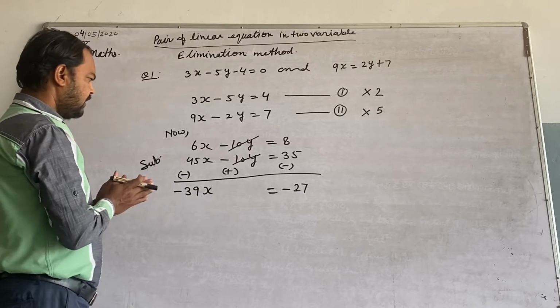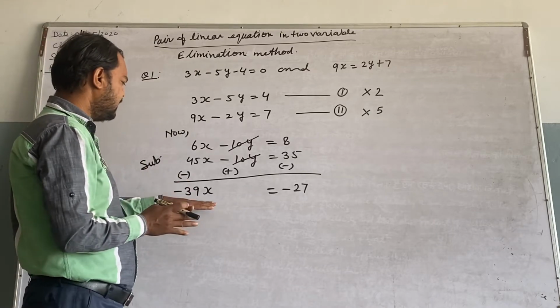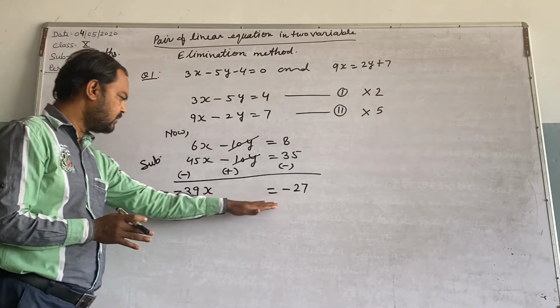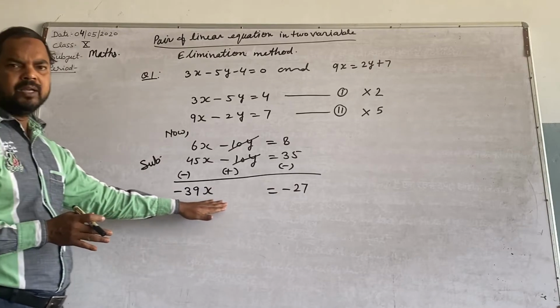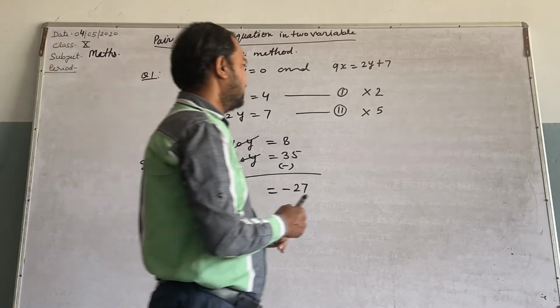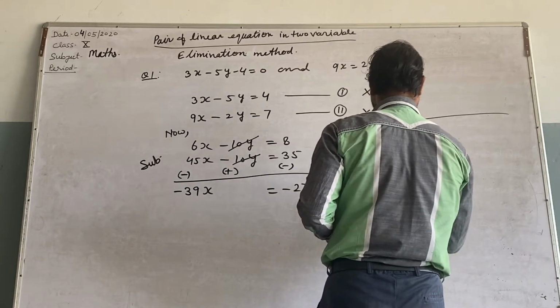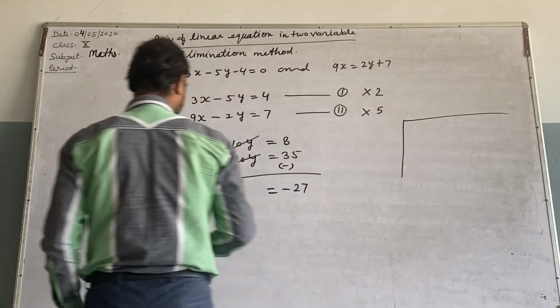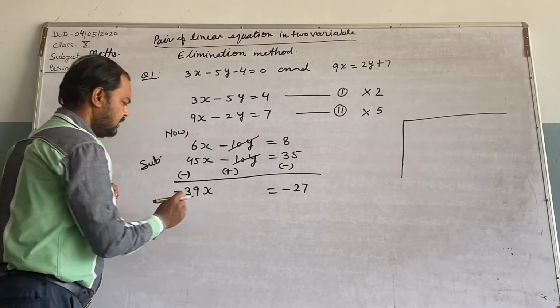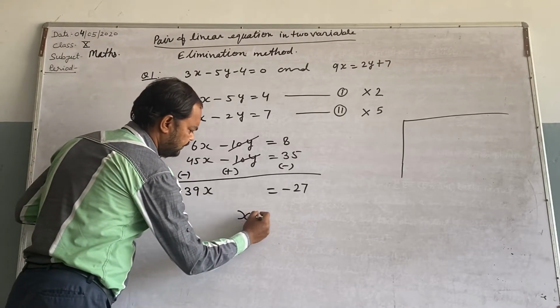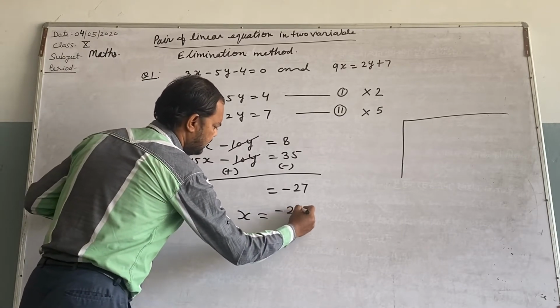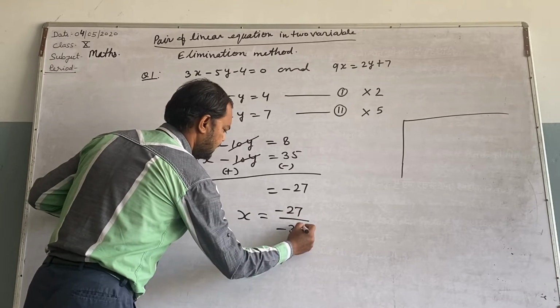Now observe here, you find that this step has only one variable. Now first of all we completed. Now x equal to minus 27 upon minus 39.